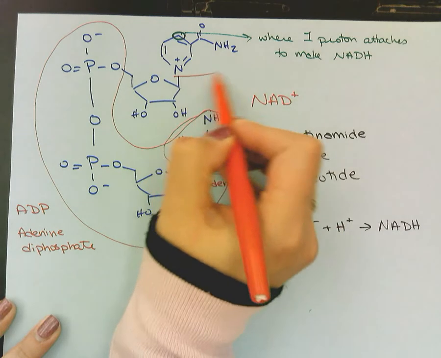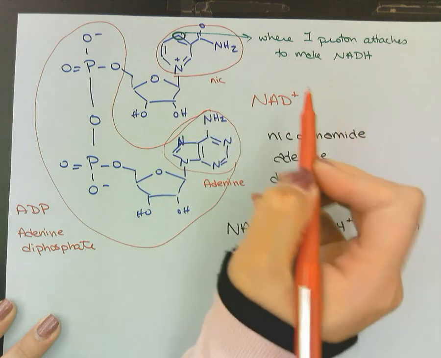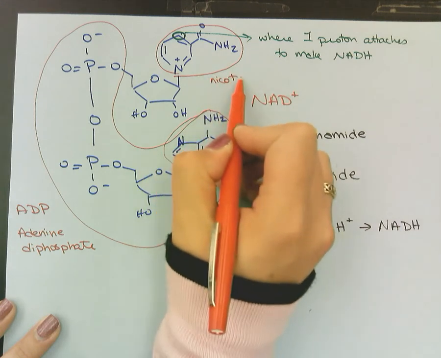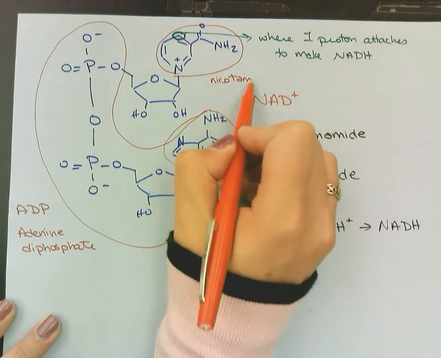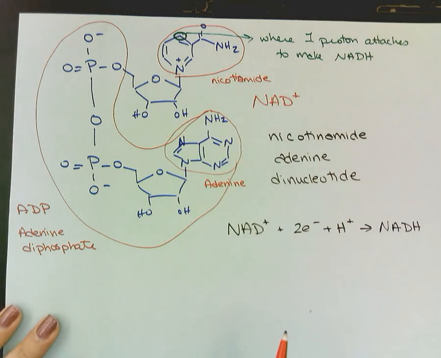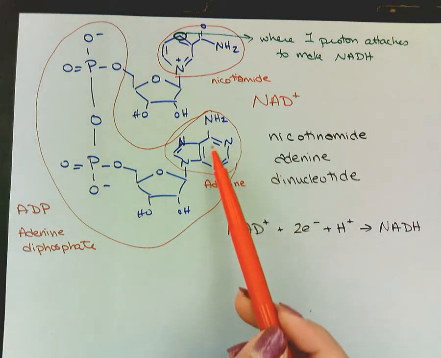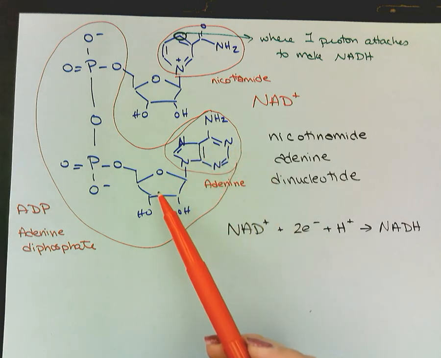This guy up here is the nicotinamide. And the dinucleotide comes from the fact that you have 2 bases attached to sugars.